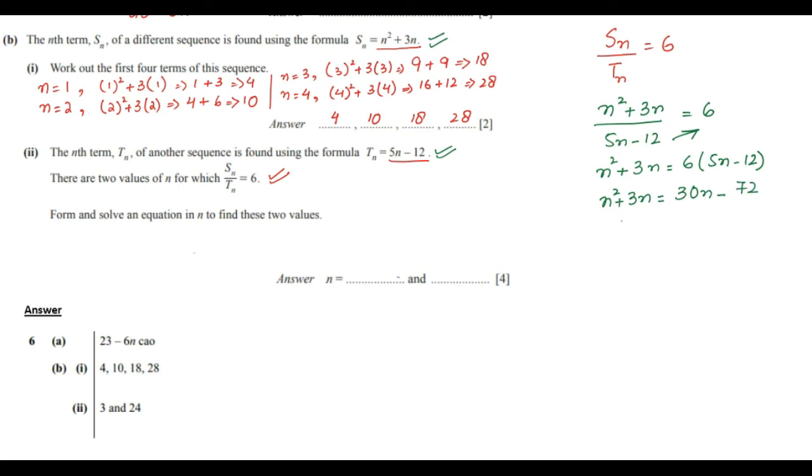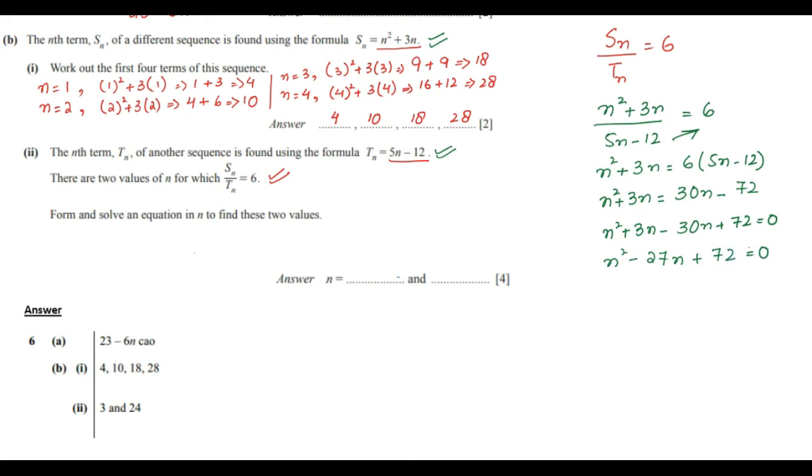When we shift all these values to the left hand side, it will be n square plus 3n minus 30n plus 72 is equal to 0. Now we will simplify this. 3 minus 30 is minus 27, so n square minus 27n plus 72 is equal to 0.